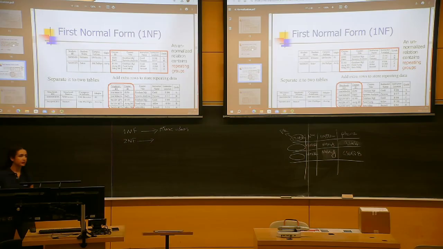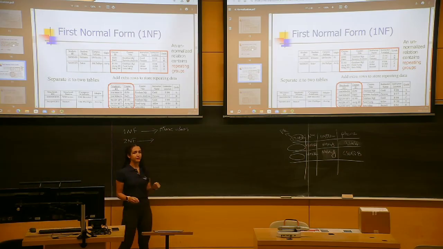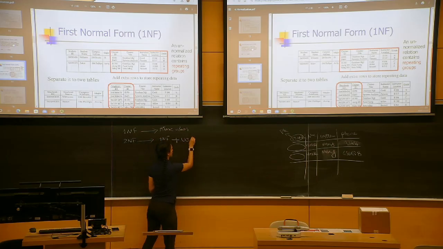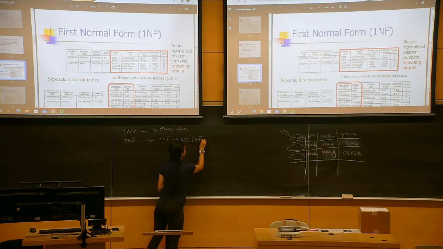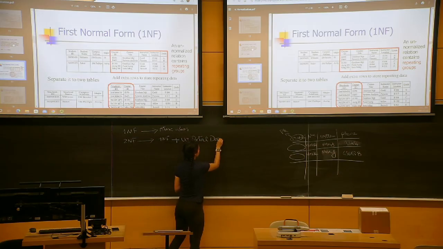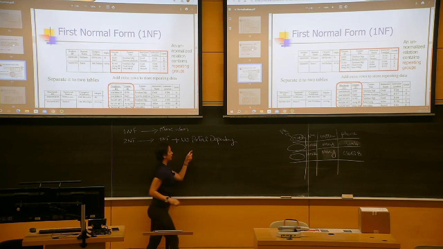About 2NF, we say a table is in 2NF if it already is in 1NF plus has no partial dependency. So what do we mean by partial dependency?